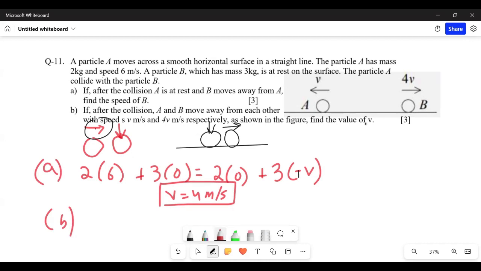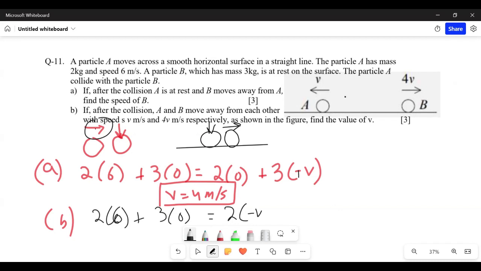If after the collision A and B move away from each other with speed V and 4V respectively, as shown in the figure, find the value. Okay, so initially we know the speed of the first particle was 6 and its mass is 2. So 2 times 6 plus mass 3, speed 0, equals, now A moves with the speed of V but in the opposite direction.